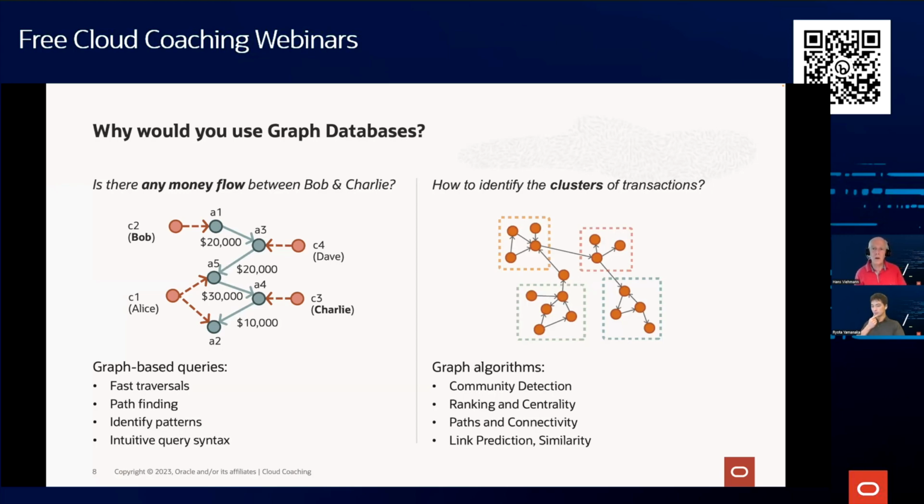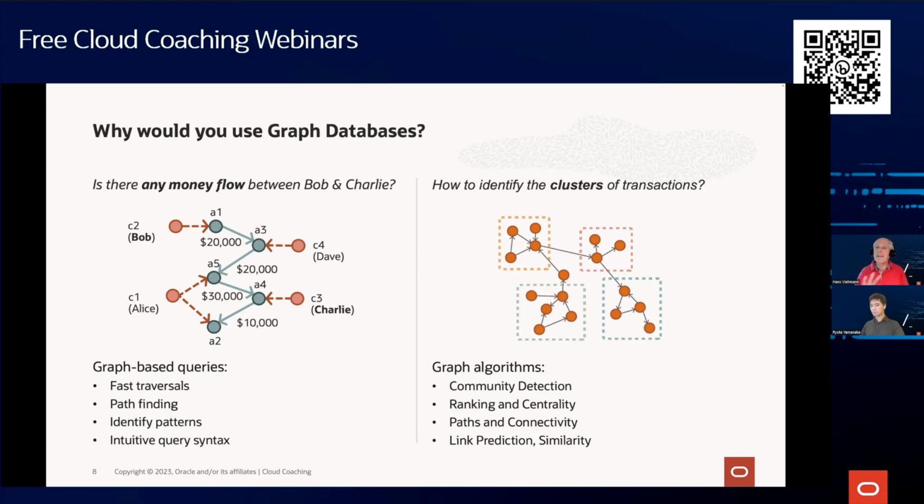These are things which you can find out very nicely, and you can look for patterns from one to two other accounts and then back to one again, and all these kinds of things. Okay, Ryota will show you how that works in just a second. What you need to do in order to do this kind of pathfinding is, of course, you need to map your relational, your tabular data to a graph model. And that's what we'll be demonstrating in just a second.